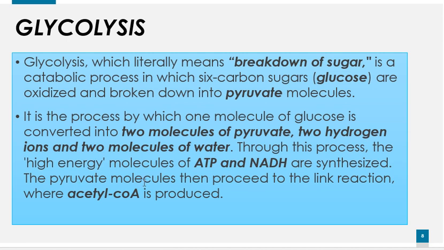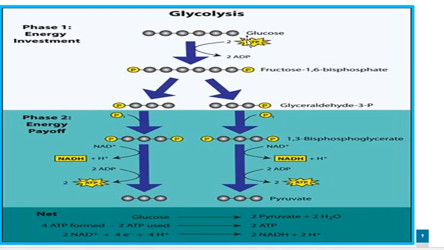So the pyruvate molecules then proceed to the link reaction where acetyl-CoA is produced. So take note, simply in here, naa si glucose, i-break down siya into pyruvate. So pag breakdown niya pyruvate, naa ang mga other products nga mogawas. And before makaproceed si pyruvate sa next nga step or sa Krebs cycle, ma-oxidize siya og acetyl-CoA. So let's look at the illustration or diagram of the process.